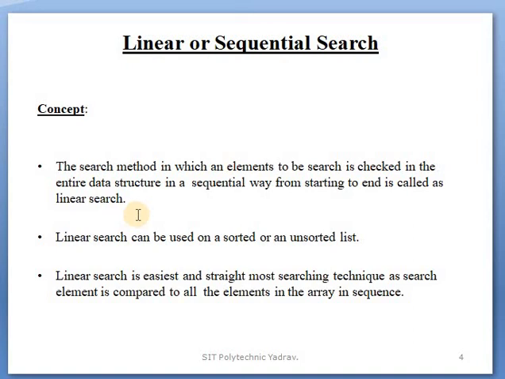So study it carefully, and if your points are clear daily, then you will not have difficulty in this subject. Starting to ending, sequentially one by one, each element is compared with the element we are searching. Clear? Definition is important.